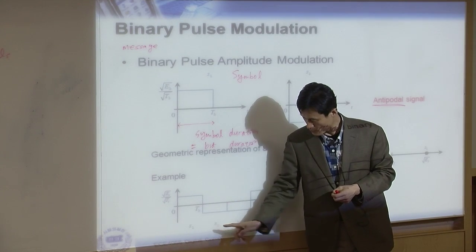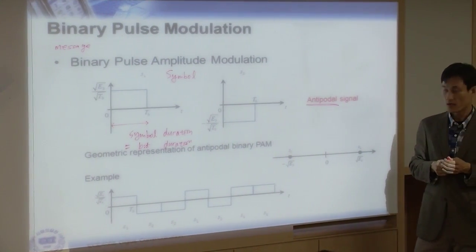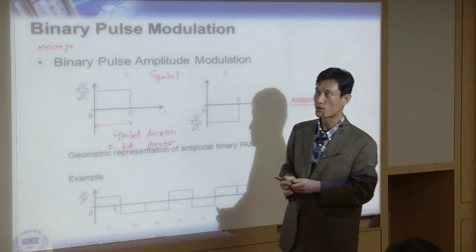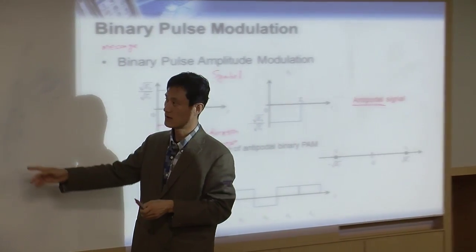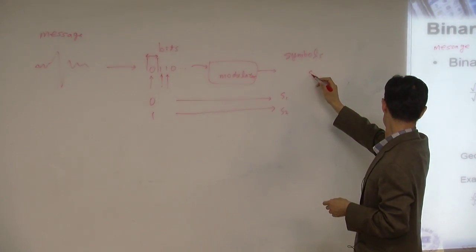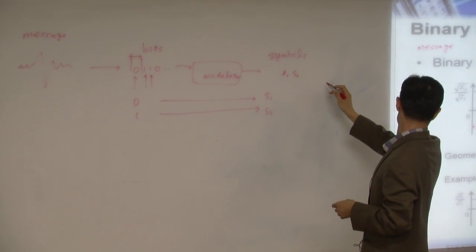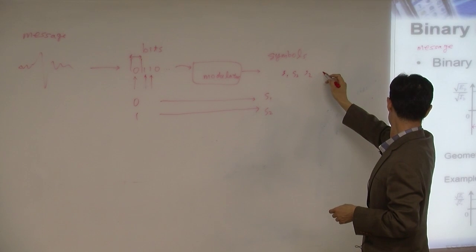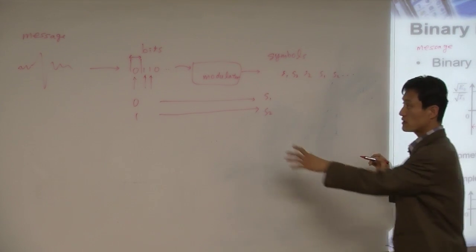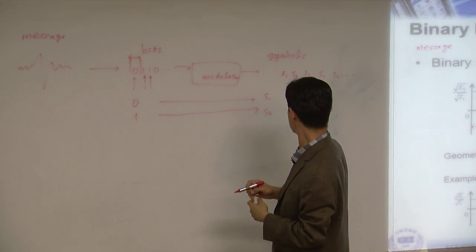So let's look at that. Let's say we have S1, S2, S2, S1, and that's the information we want to transmit. Since this is a symbol sequence, what was the original bit sequence? Here, in the symbol sequence, we have S2, S1, S1, S2, S2, S1, S2, something like this, right? Based on this mapping, what was our bit sequence?